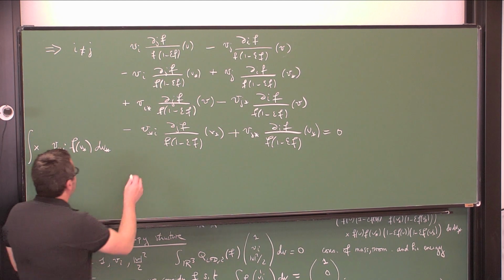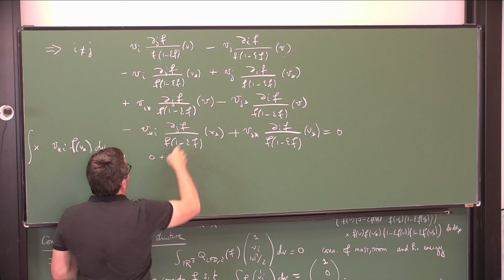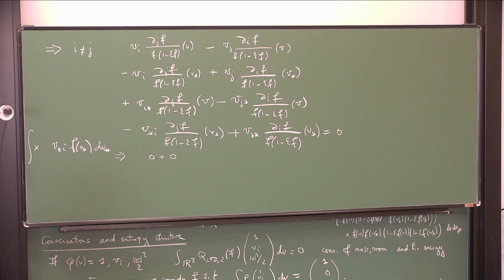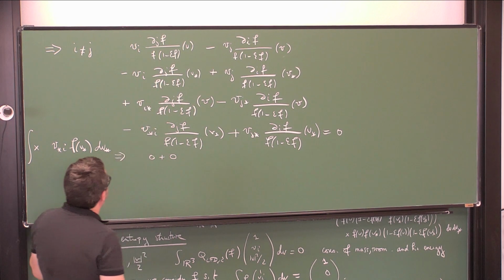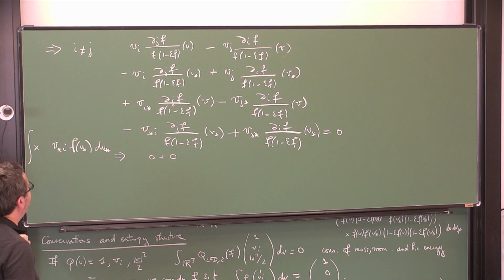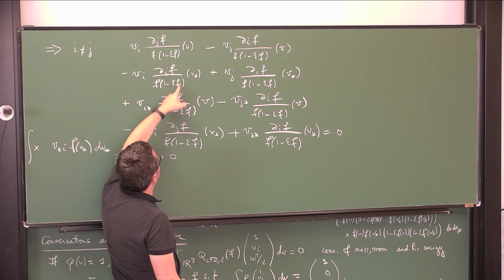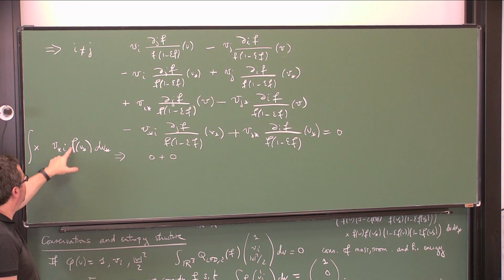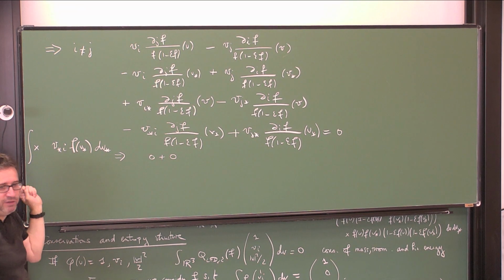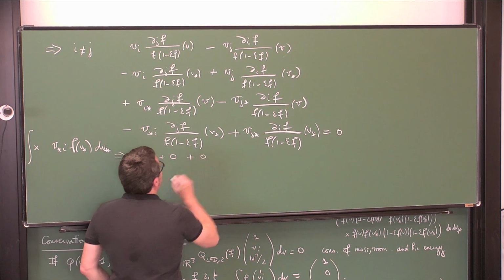So actually, this implies that in the formula here, you start with 0 plus 0, okay? Then you look at next one, the one which is here, and you see that it's like V star I times dj or something. You do the integration by part, you will take the j derivatives of V star I, this is also 0. Okay, so you will have 3 zeros.